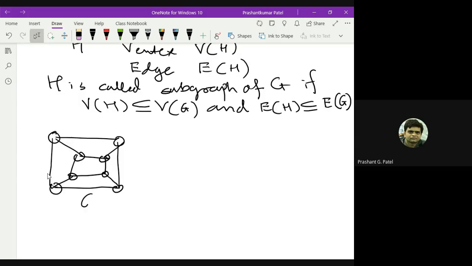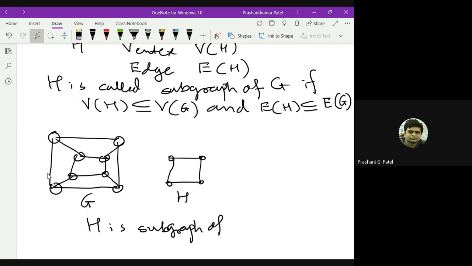So I can say G is the graph, and if I draw this H here, then I can say that H is a subgraph of G, because you can pick these 4 vertices, and then I'm just using these 4 edges.